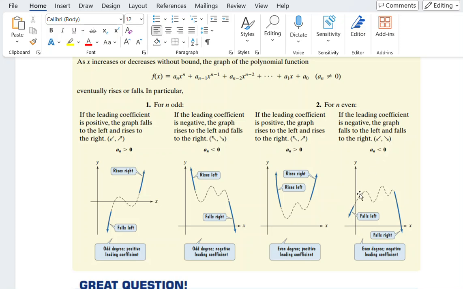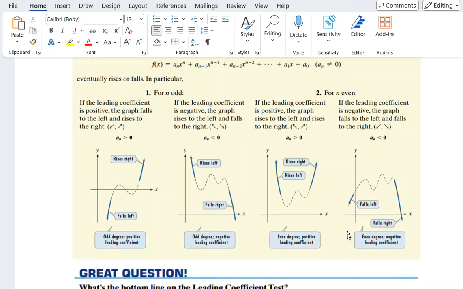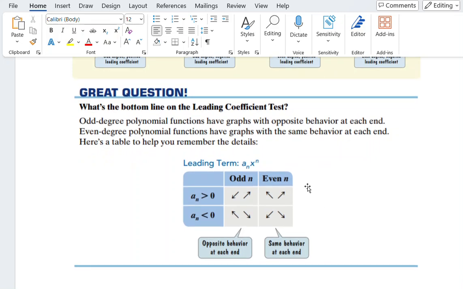And if the leading coefficient is negative, it's going to fall on both sides. So this box represents that information. You might find it helpful as you're doing the MyLab problems. It's also represented in the second graphic. Both of these are pulled from the textbook, but this one you might find a little bit easier to look at. So whichever one works for you, then you can use that one.